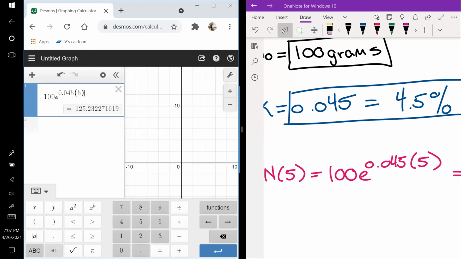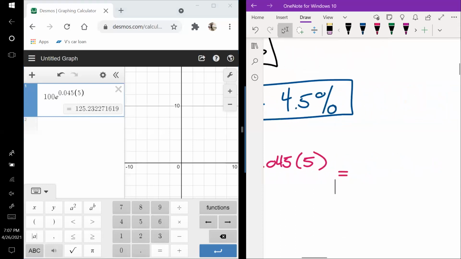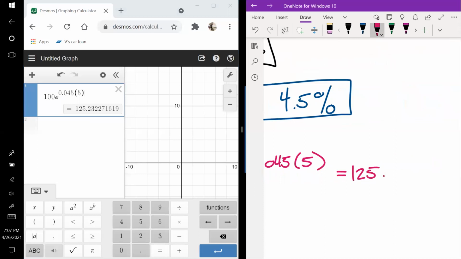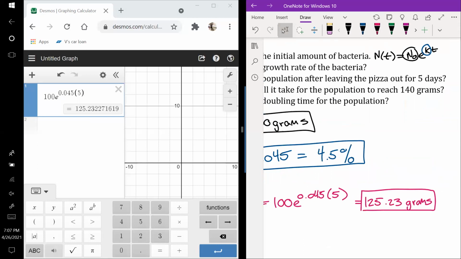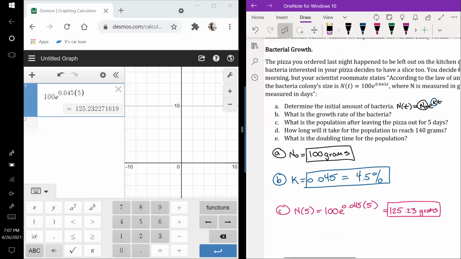And after 5 days of leaving this pizza out on the counter, you see that the bacteria has grown to a size of 125.23 grams. I don't know who will leave pizza on the counter for 5 days, but don't do it. Okay.